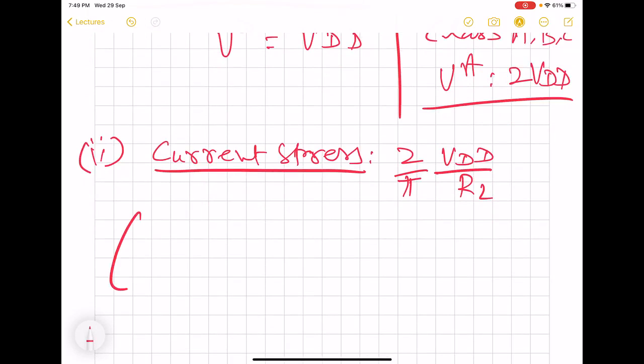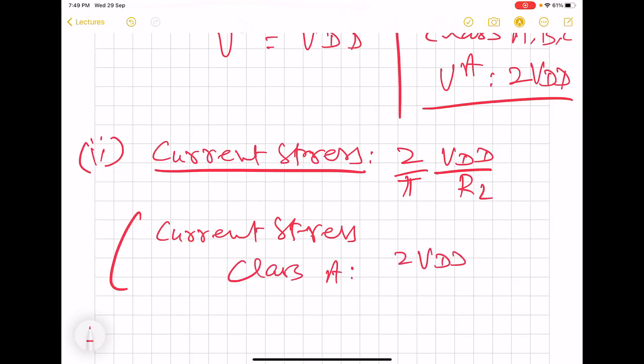But if you see the current stress for linear classes, say class A, the current stress is going to be 2 VDD by RL, because the maximum voltage that the load will experience is this much, divided by the load. So for class D, the maximum current stress is almost 1/3 of that of class A.